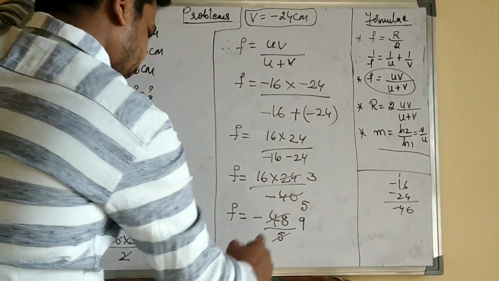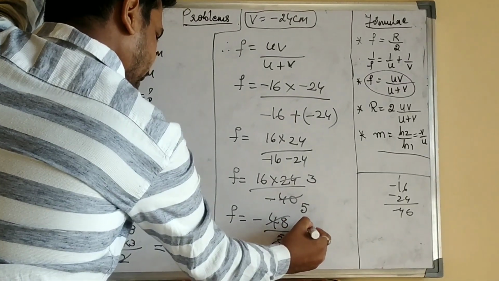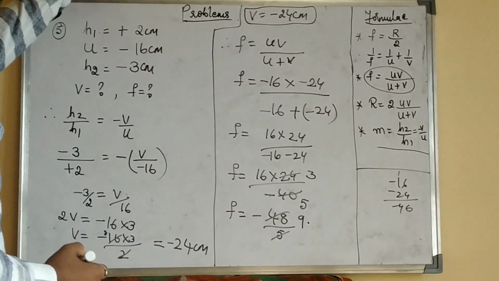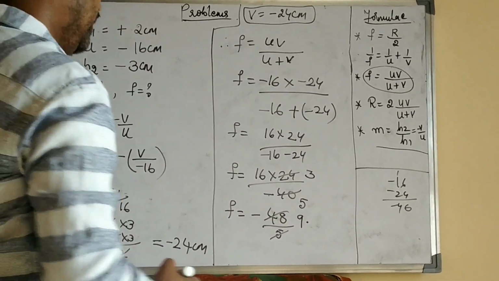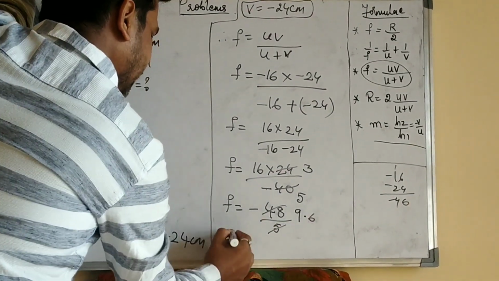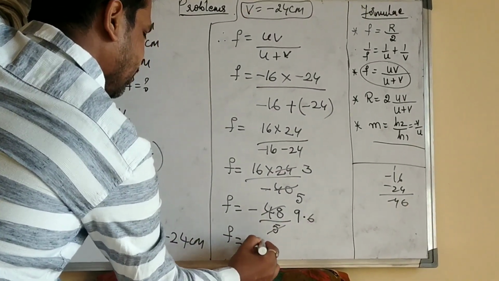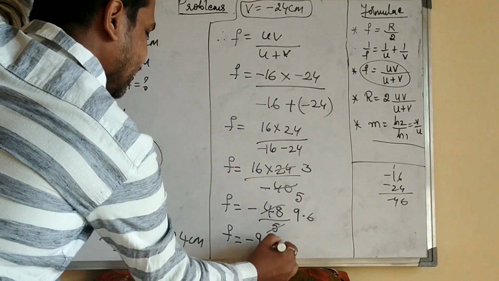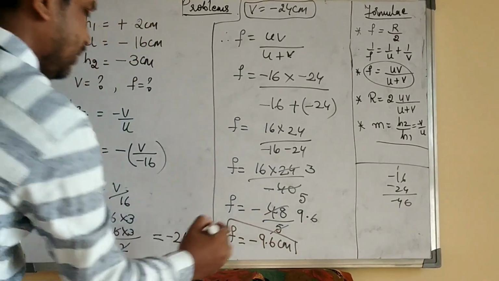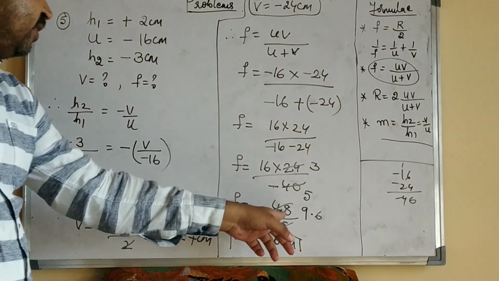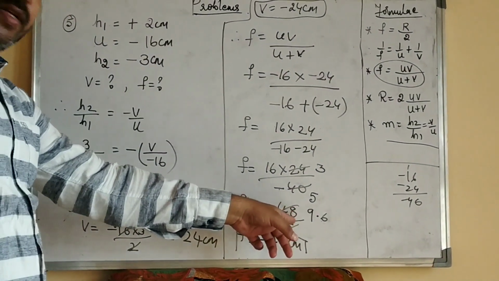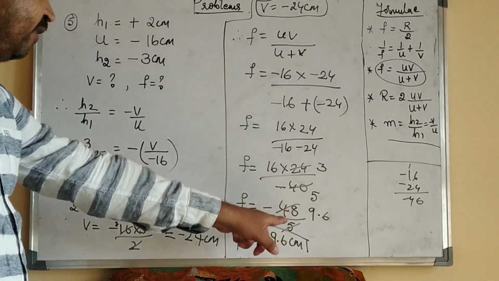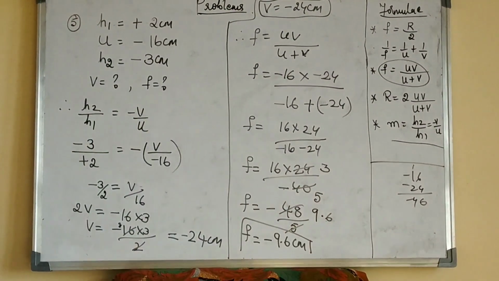So what you will get? 5 9s are 45, then point, then 5 6 are 30. So we will get focal length is equal to minus 9.6 centimeter. Right? 5 9s are 45, 48 minus 45 is 3, then add 0, 30, 5 6 are 30, 9.6 centimeter.